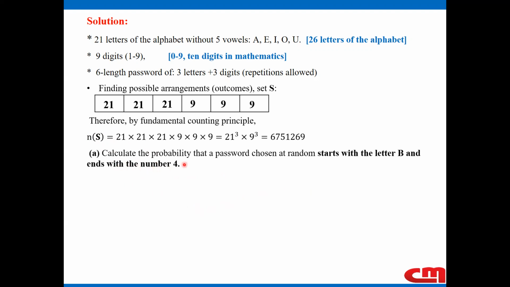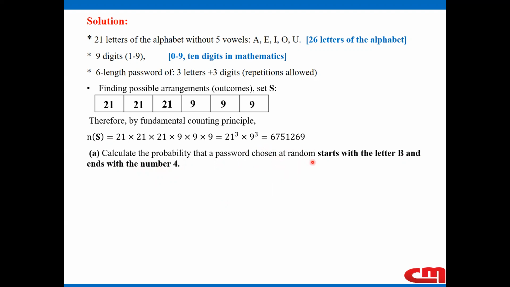We need to calculate the probability that a password chosen at random starts with the letter B and ends with the number 4. So as such, we need to come up with our favorable outcomes set.